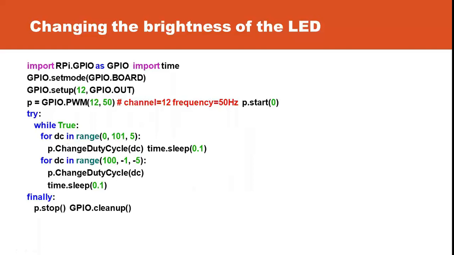Then we will do the reverse process from 100 till -1. We will keep on reducing the duty cycle by -5. So this is how we can associate a frequency when we are writing into a particular IO pin.